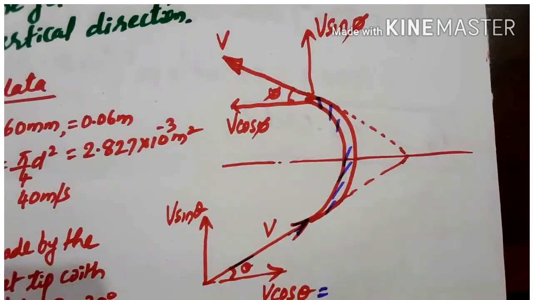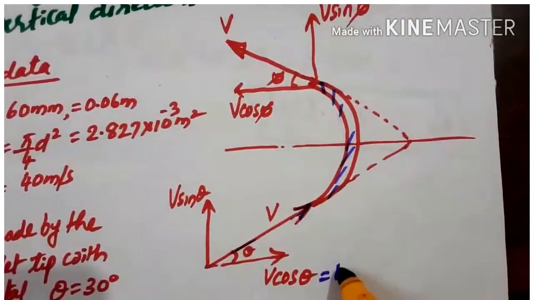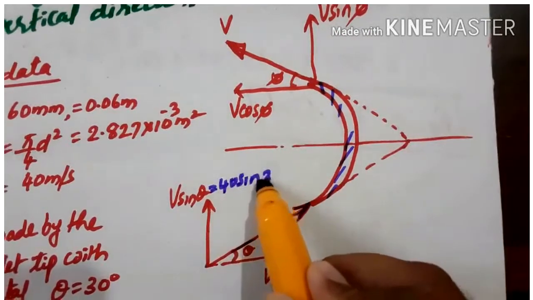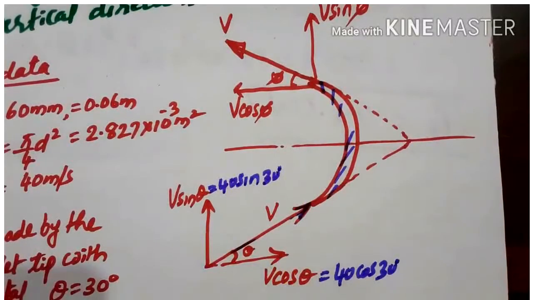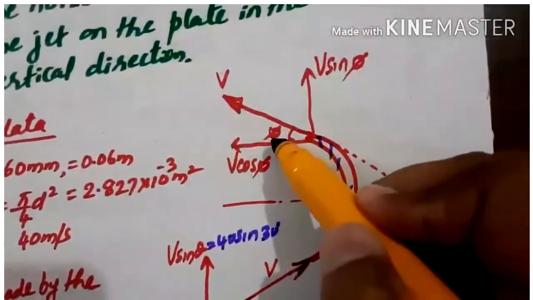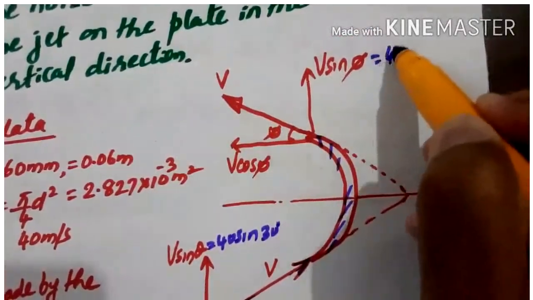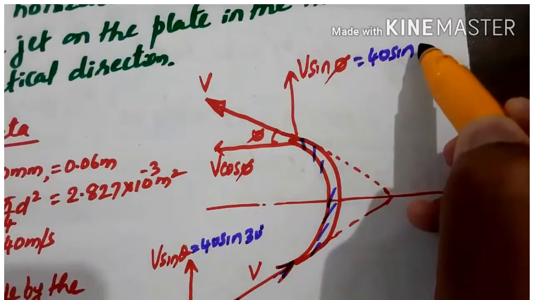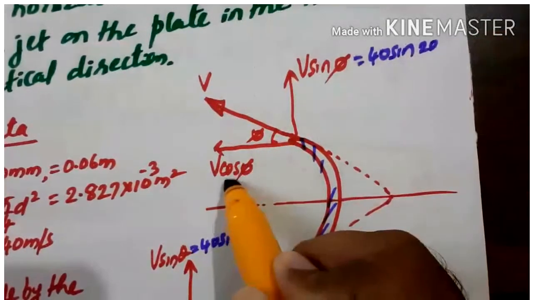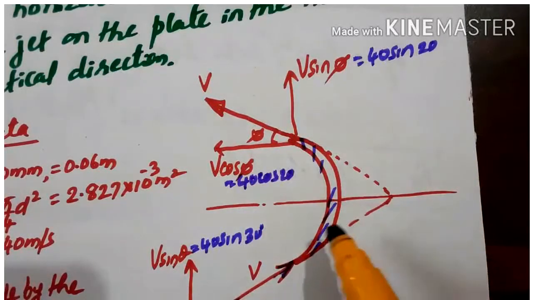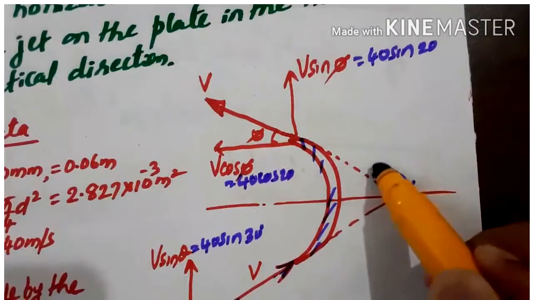If we write this here, this will be 40 cos 30 and this will be 40 sin 30, because the theta angle is 30 degree here. Similarly here phi is given, this becomes 40 sin 20 and this will be 40 cos 20. Okay, and also the deflection angle is given here.